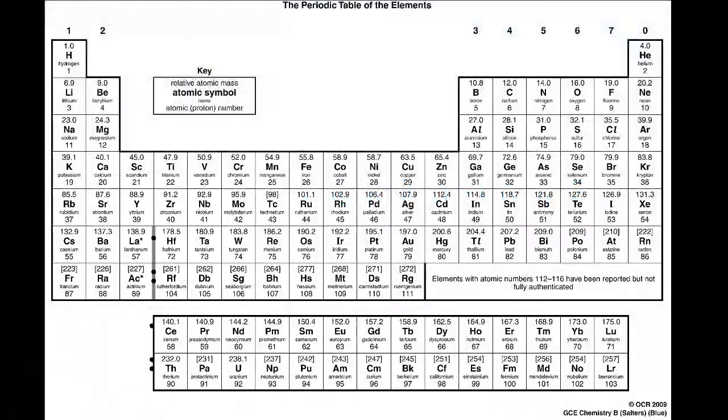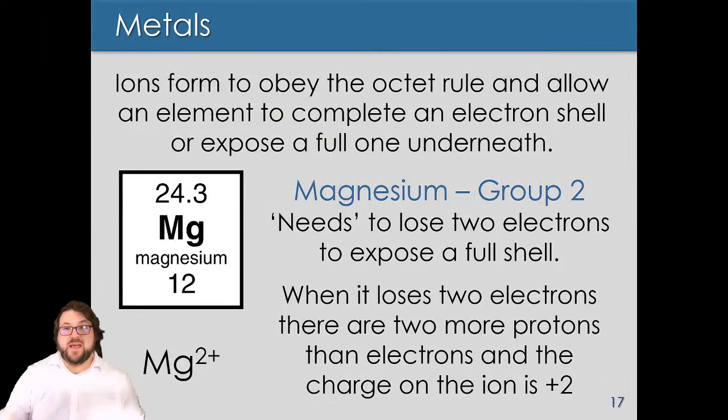Magnesium on the periodic table is in group 2, down there on the 3rd period, so that's proton number 12. Being in the 2nd group, it has 2 electrons in its outer shell. It wants to lose those electrons because losing 2 is easier than gaining 6 and getting over there to the full shell. And so it will form 2 plus ions.